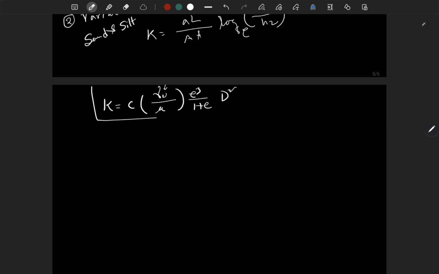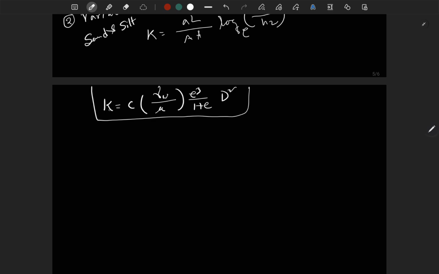This equation is really helpful to solve various MCQs or various questions in the GATE examination. In the recent past, they have asked many questions. For example, they have asked a question on the variation of permeability with temperature.